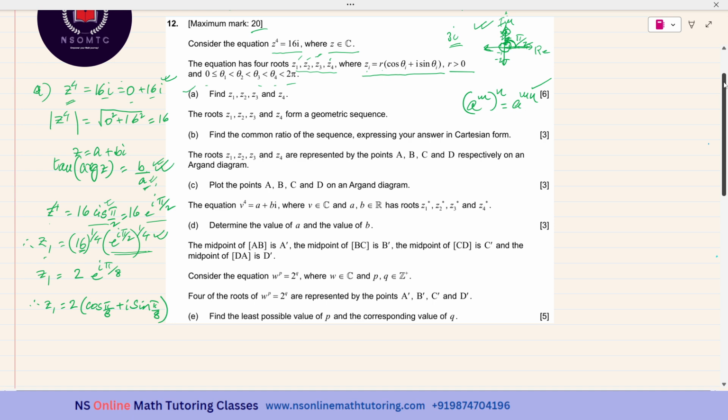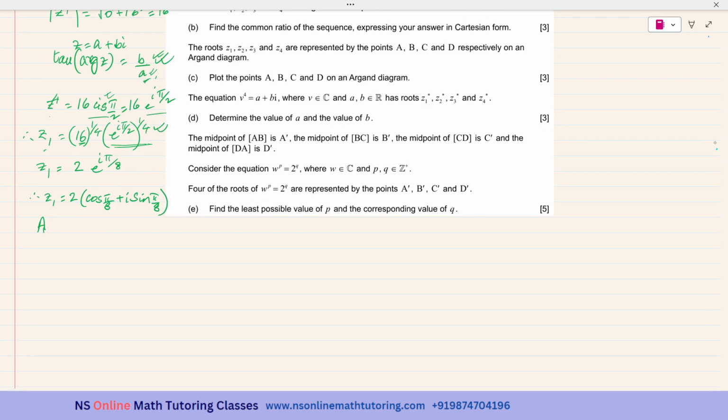Okay. So the angle to be added is equal to 2 pi over, there are 4 roots, so 2 pi over 4.